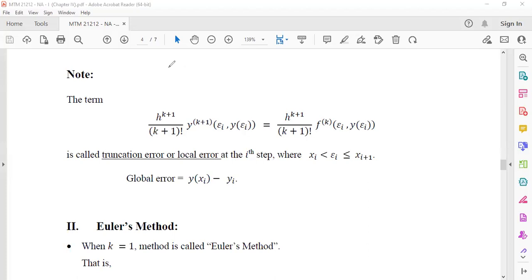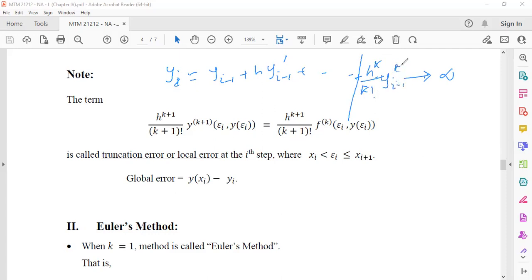The Taylor series, for example y i, which goes up through y i minus 1, y i minus 1 dash, does not end; it goes up to infinity terms. We can't compute infinitely many terms, so we cut it somewhere, let's say at the k-th order, h to the k over k factorial of y i minus 1 of k.